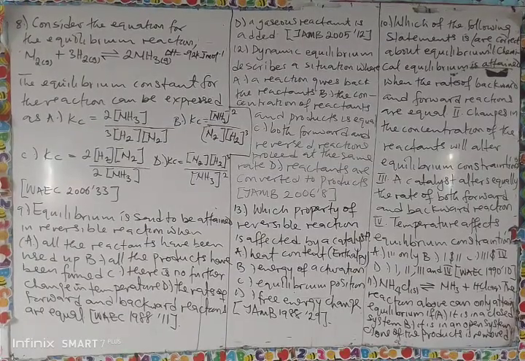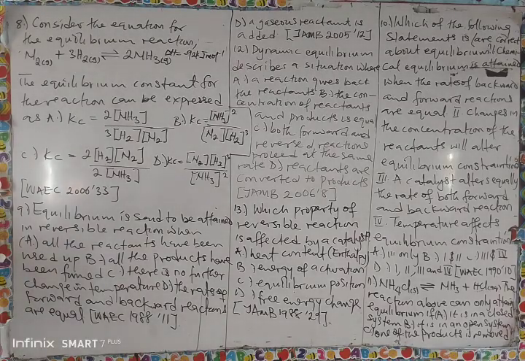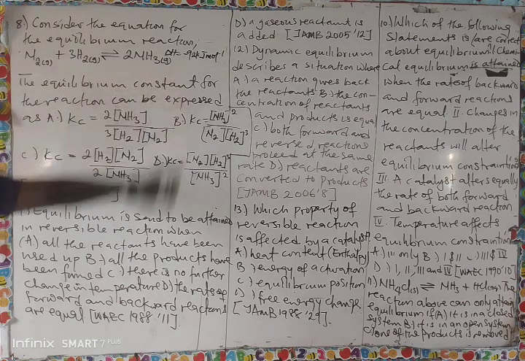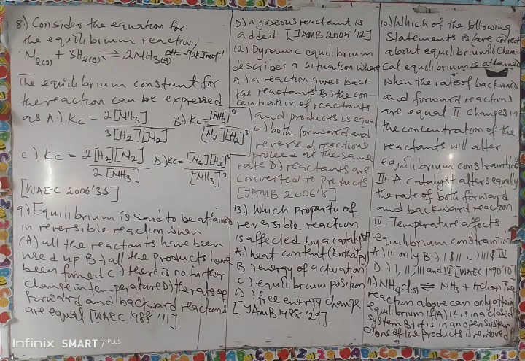So now let's look at some selected JAMB questions for this. Question number 8 is JAMB 2006, question 33. Consider the equation for this equilibrium reaction: nitrogen reacting with hydrogen to give us ammonia, delta H equals minus 92 kJ per mole. The equilibrium constant for the reaction can be expressed as what?